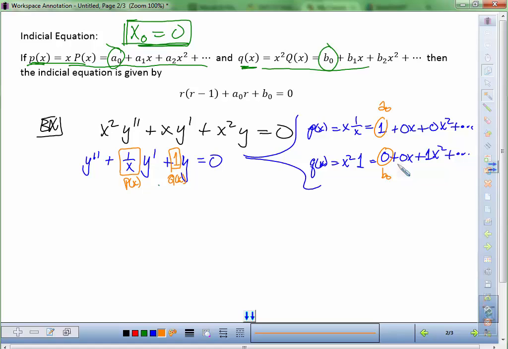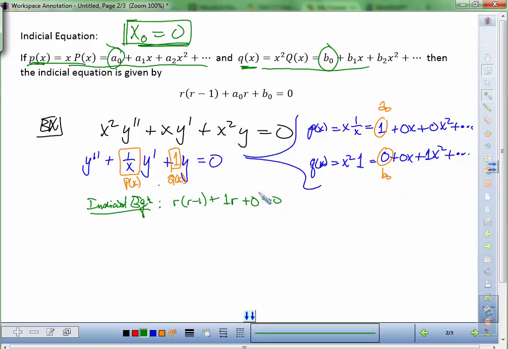So now that you know that, our indicial equation is going to be r times r minus 1, plus a sub 0, which is 1, times r, plus b sub 0, which is 0, is equal to 0.